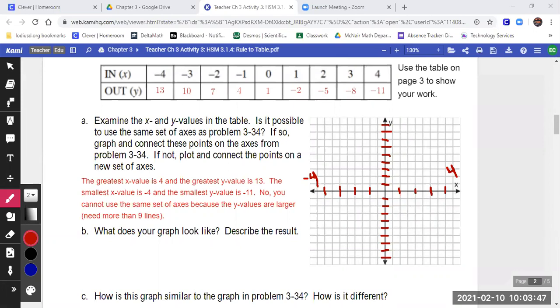If I count each line by 2s, how far am I going to get when I keep counting? 18. Okay, it's going to be 18. That's 2, 4, 6, 8, 10. We stop at 18. Okay.